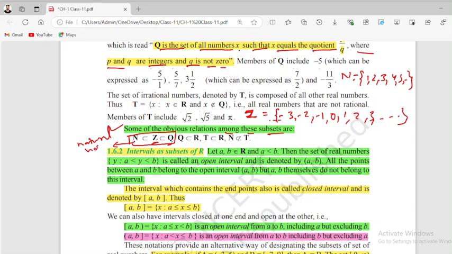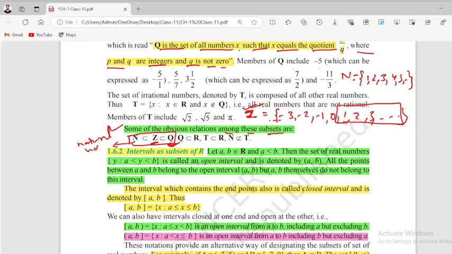So natural numbers are included in the integers. That's why N is a subset of Z, and all integers are included in the rational numbers, so Z is a subset of Q.